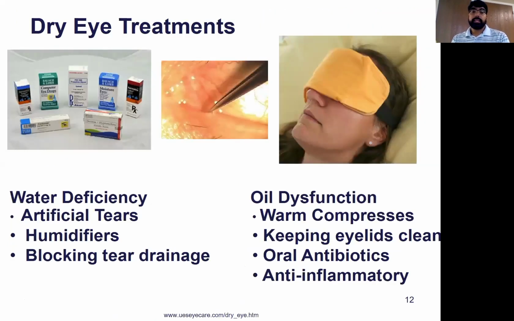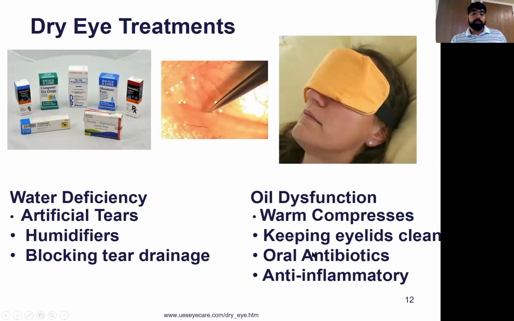So in these cases, you can use artificial tears, humidifiers. You can block the tear drainage sites with silicone implants that can be put in at the office. If you have oil dysfunction or the glands are not functioning well, you can use a warm compress.